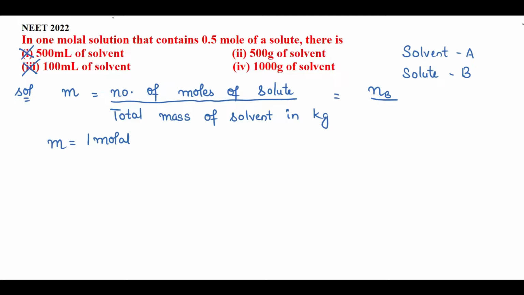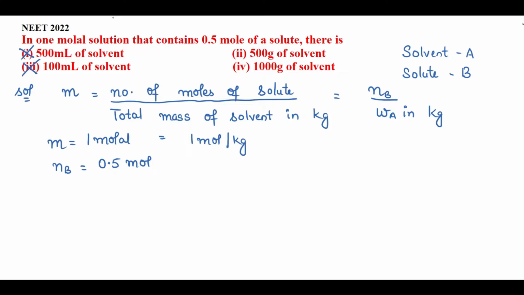Divided by total mass of solvent. Now actual mass is denoted by a small w, and here I'm talking about the mass of solvent, so I'll put A over here, and actual mass is in kg, right? Now number of moles of solute is 0.5 mole. Now if I talk about molality in terms of mole, it will be 1 mole per kg, right?